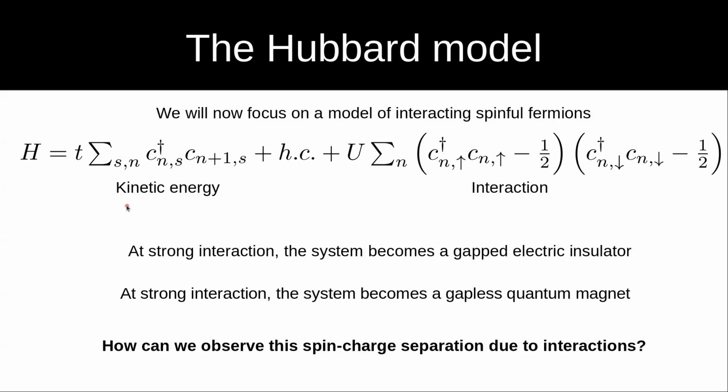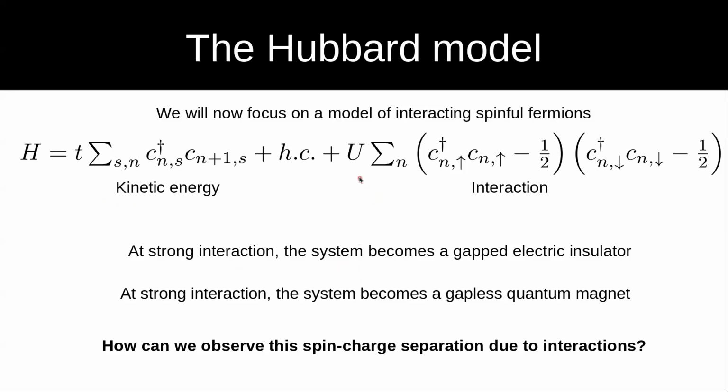The intuitive way of understanding this is by recalling that if you have a Hubbard model at half filling, at strong interactions, so at strong U, the system is a gapped electric insulator, a Mott insulator. Whereas in that very same regime, you can map the Hubbard model to the Heisenberg model. And the Heisenberg model is actually a gapless quantum magnet. It has spin 1 excitations, which are what we call spinons.